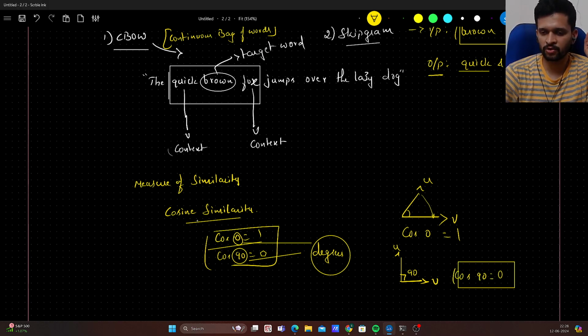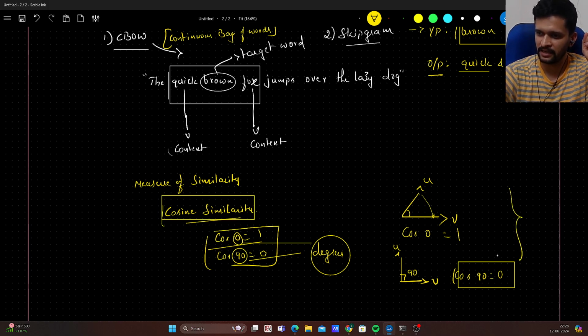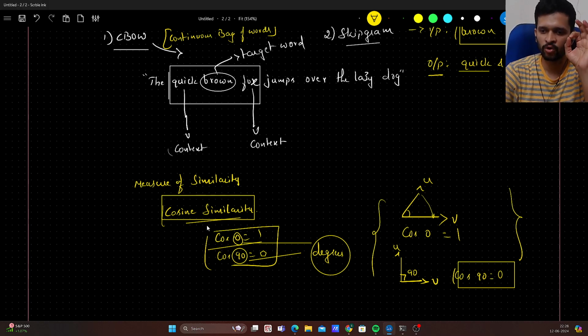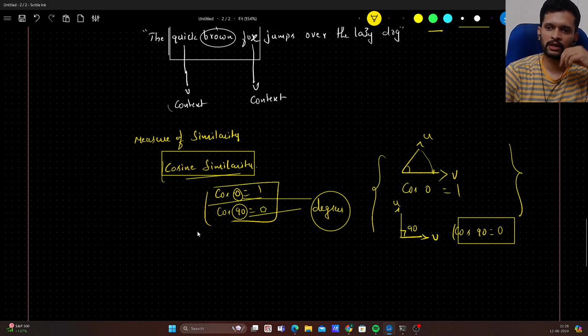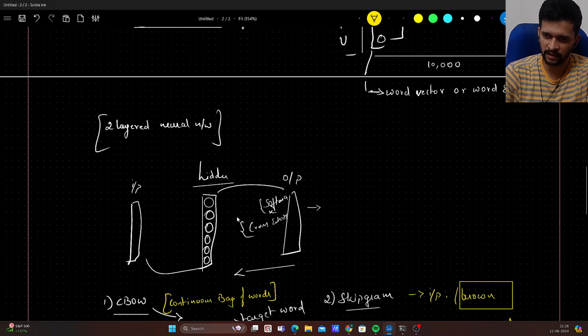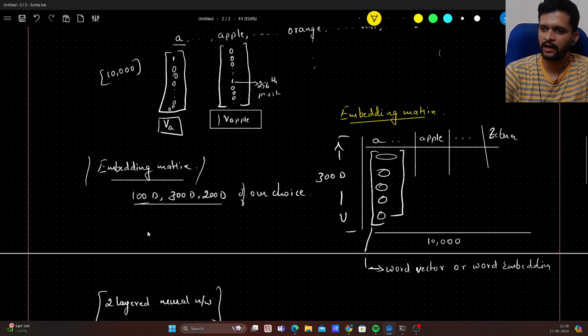So the cosine similarity, or the measure of similarity, is based on the very simple approach that I just explained to you with the help of the cosine angle. Okay. So in my next video, we will see how we are learning the output words given the input words and how we are able to arrive at the specified dimension vectors for each word, which we call embedding vectors.